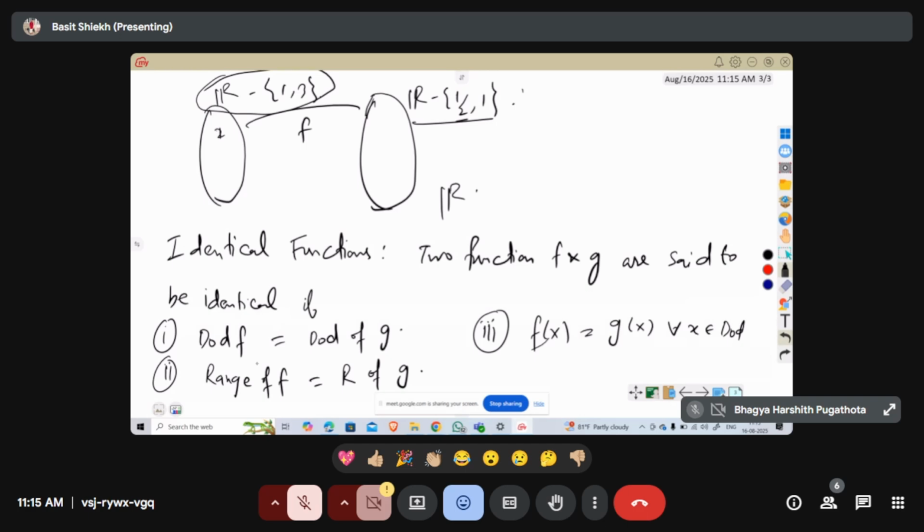First, the domain of function f should be equal to the domain of function g. Second, the range of function f should be equal to the range of function g. And third, the values of f of x equal the values of g of x for all x belonging to the domain.